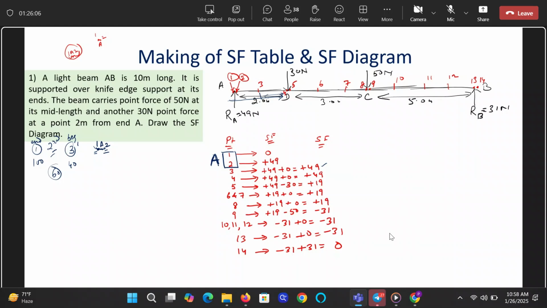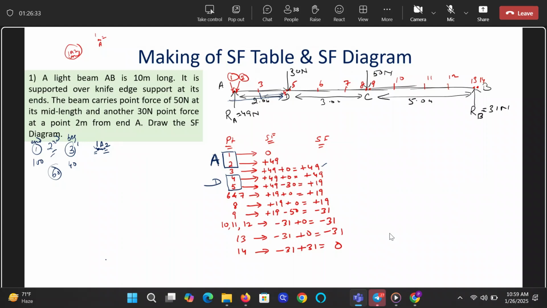Likewise, whatever has happened at 4 and 5, look at the diagram, effectively has happened at point D. 4 is just to the left of D, 5 is just to the right of D. That means whatever change is taking place between 4 and 5 is actually happening at D. Am I right? Correct, class?